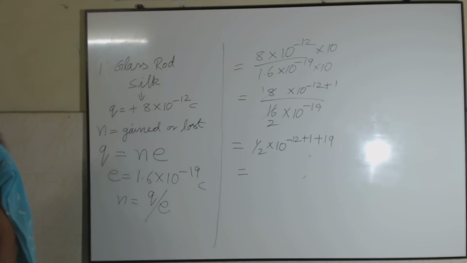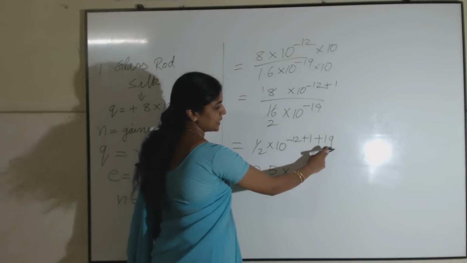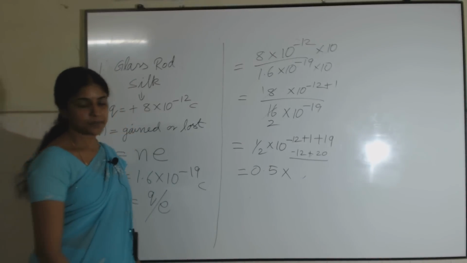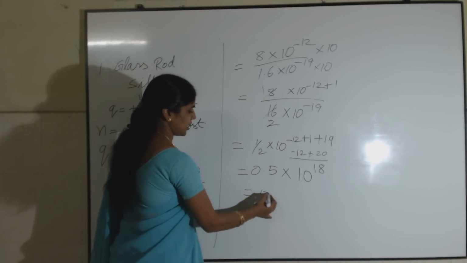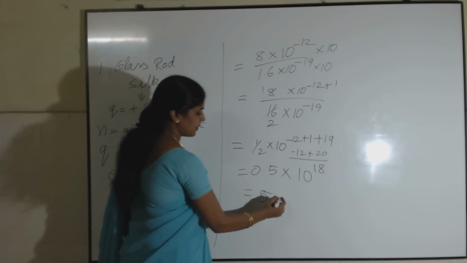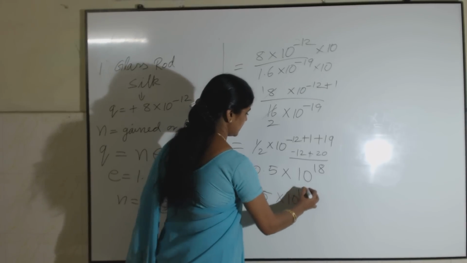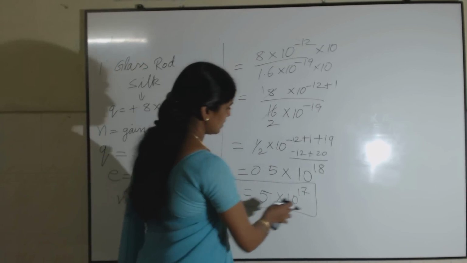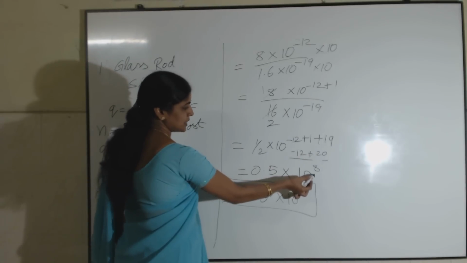So 1 by 2 is equal to 0.5 into 10 power, minus 12 plus 1 plus 19 is 20, minus 12 plus 20 is 8.